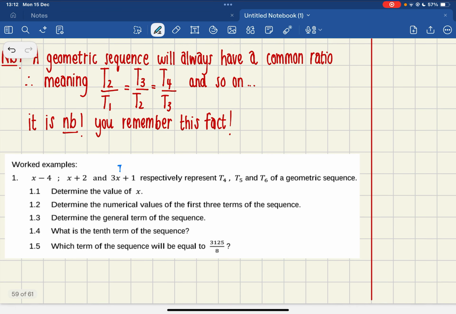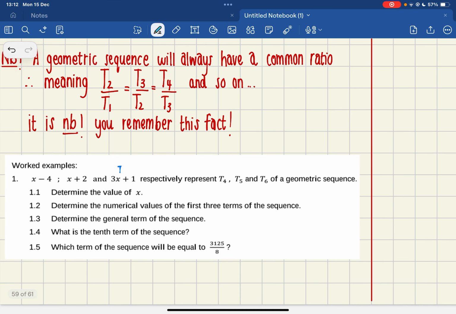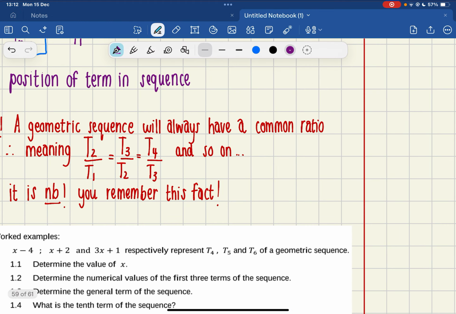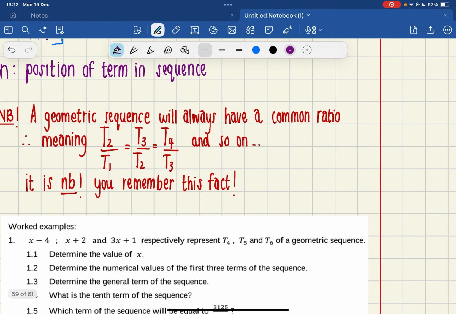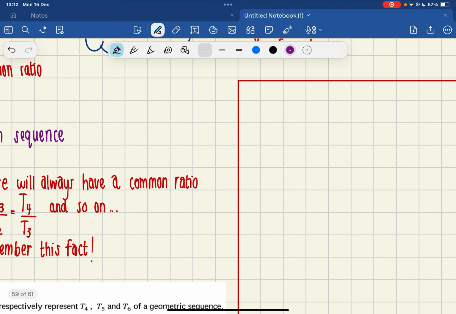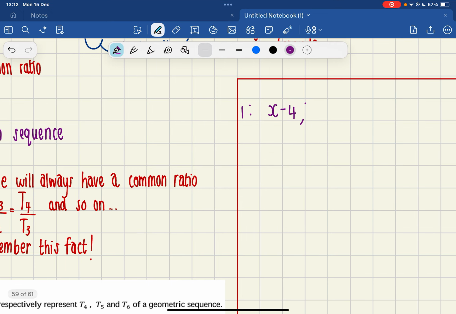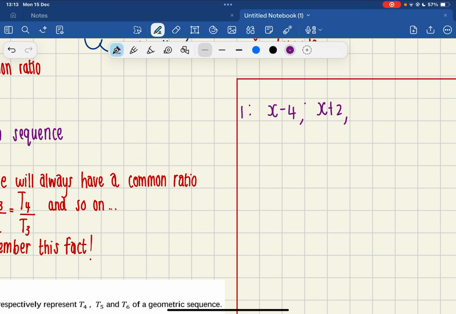So, I want us to tackle questions. This way, you'll be able to understand what I've been saying this whole time. In question 1, we have the following terms given to us: x minus 4, x plus 2, and 3x plus 1, and so forth.